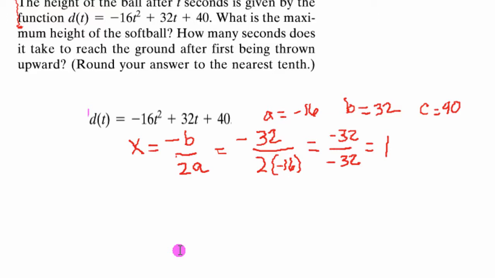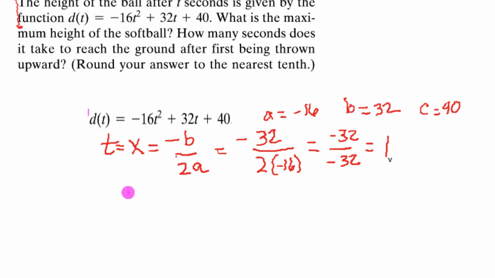I apologize, I should be using t here because our independent variable is t, not x, so this really should be t. We have just found that the vertex of this parabola happens at t equals 1. So 1 second after Susan throws the ball, it reaches its highest height.